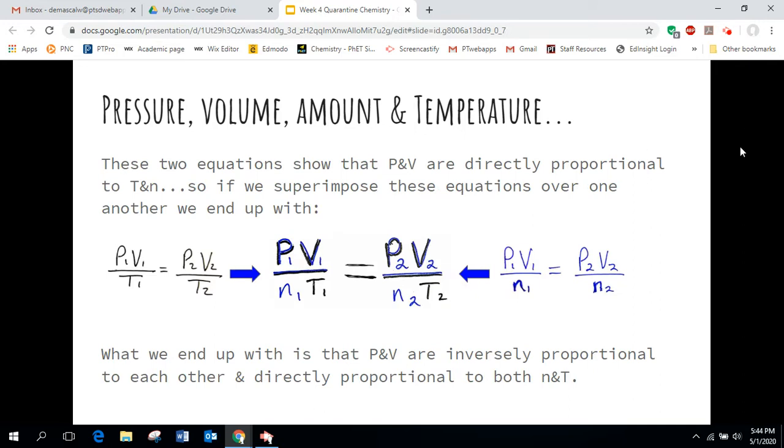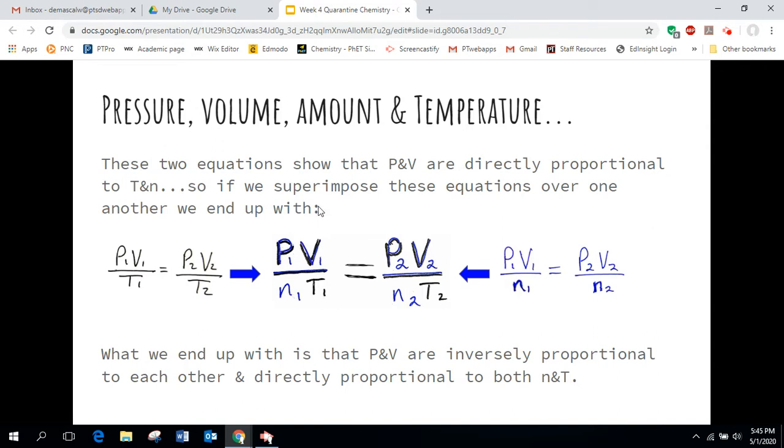Well, if we take both of these equations and we superimpose them on top of each other, we get this equation in the middle. We get pressure and volume are inverse to each other, but they are both directly proportional to amount and temperature. So we end up with this PV over NT.